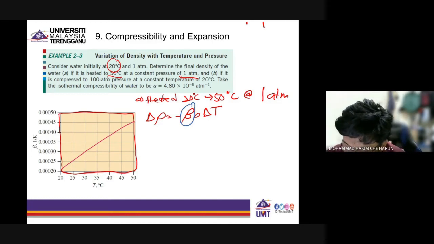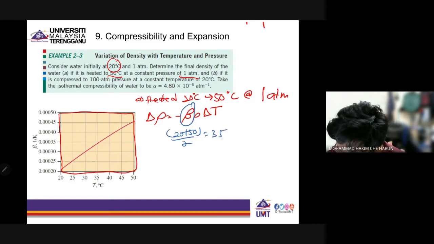Alright. So first of all, we need to know how much the temperature actually increases. So we need to know the average value of the temperature increase. So 20 plus 50 divided by 2 equals 35. So from the 35 degrees Celsius here, we may find the coefficient of expansion.